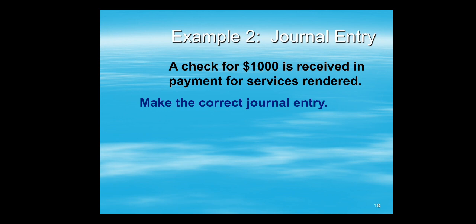When the customer pays $1,000, asset cash increases. It is like cash $1,000 goes into the business. So for the business, the asset increases. The name of the asset is cash. The amount is $1,000.